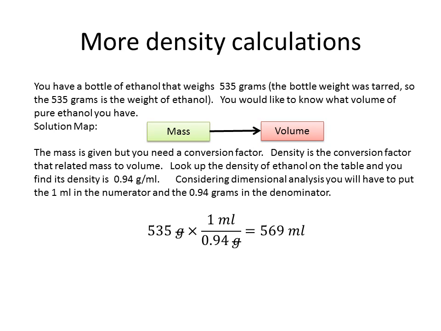Those units cancel, and you'll end up with milliliters. So the setup is like this: the 535 grams times density, 1 milliliter per 0.94 grams. This is a division then, which gives you 569 milliliters for the volume of ethanol.